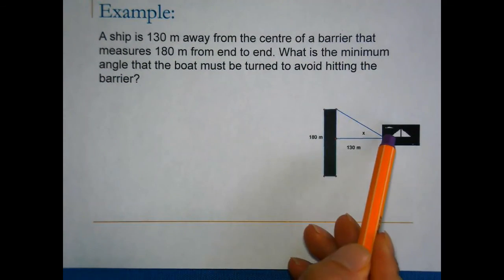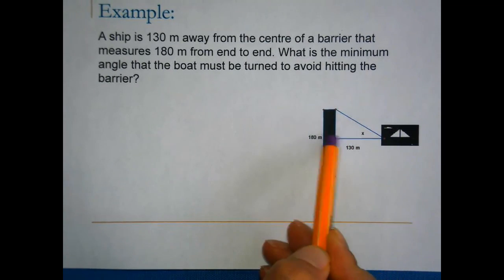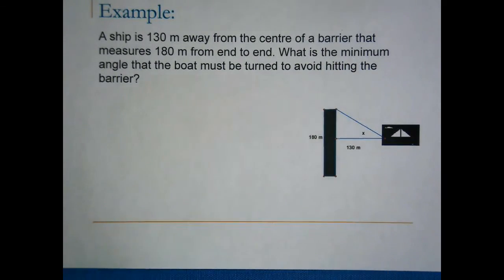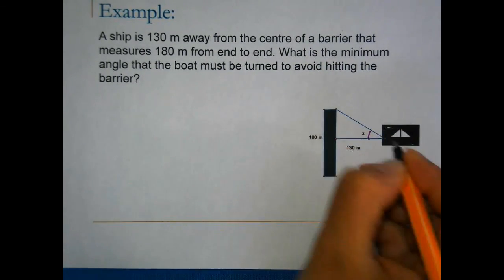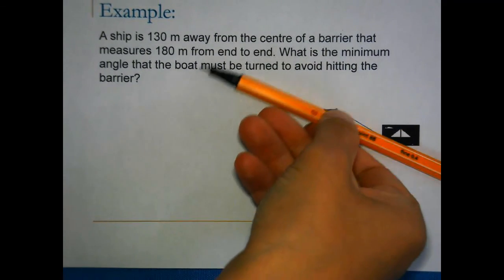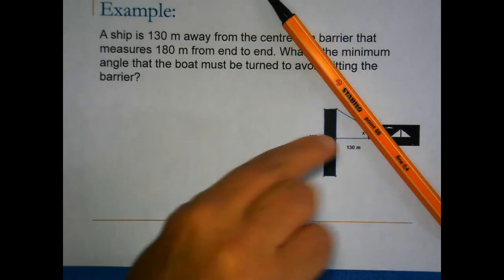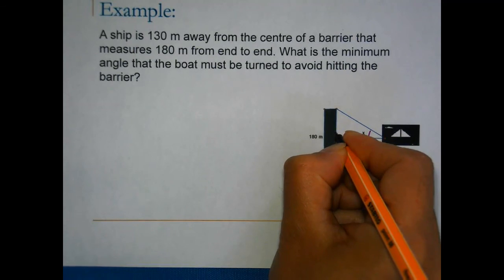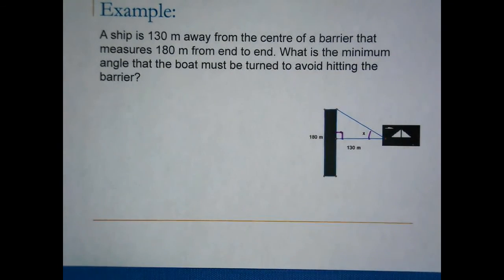So if this boat keeps coming, it will hit the barrier, or if it goes like this or like this. This is the minimum angle that it has to turn, at least this much or even more, to avoid hitting this barrier. Now, this is going to be our triangle.